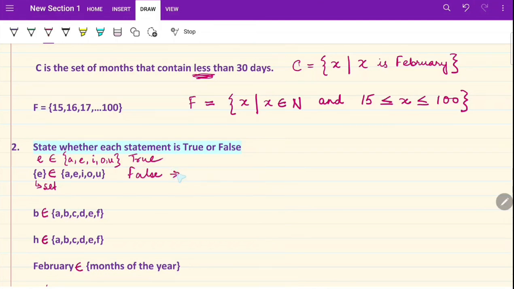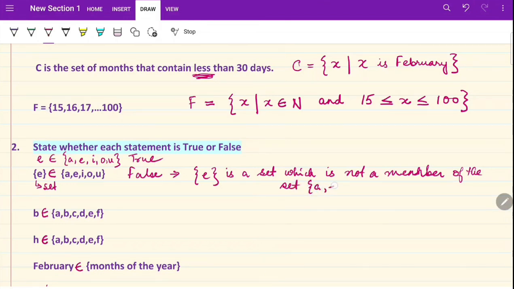So the way we can write the explanation is: false because {E} is a set, which is not a member of the set A, E, I, O, U, made up of individual elements.